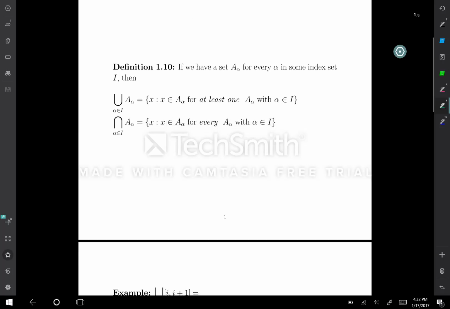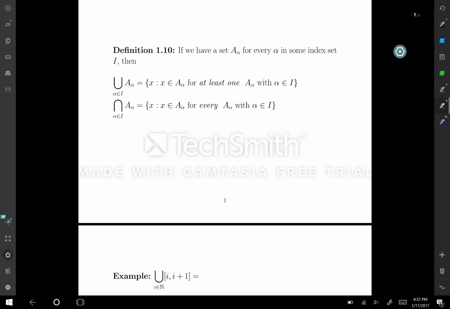Now, we're going to look at a more compact notation. Rather than always writing out A sub 1, A sub 2, and so on, we can use a big union symbol with something that indicates the indexing of our sets. The index is frequently the natural numbers, although it could be any set that we could imagine.